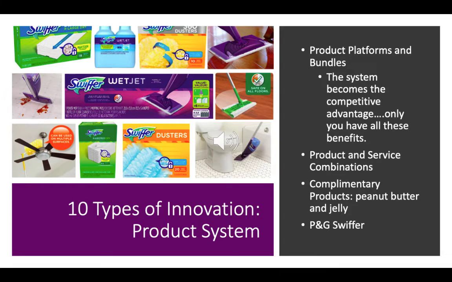And then there is the P&G Swiffer example, one of the biggest. It's now a billion-dollar platform. And I want to give you a little insight into how Swiffer developed. This is a podcast interview I did with Carrie McNamara, who's one of the key members of the Innovate to Grow experts team.